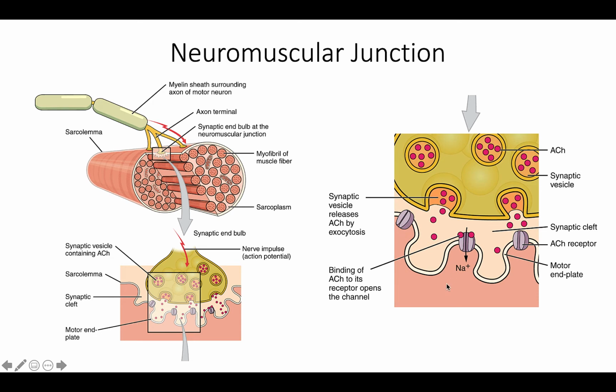It's where the terminal end of the neuron meets the muscle fiber, and thus is a junction of neuron and muscle. The coupling of the two properties of excitation and contraction is the basis of how muscles move. There is excitation of the muscle fiber by the motor neuron that elicits a contraction of the muscle fiber.